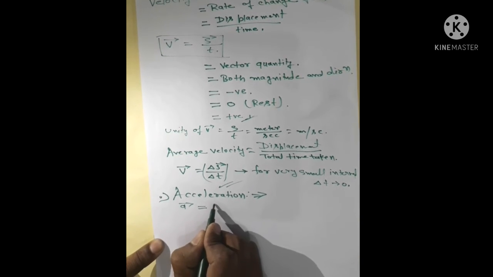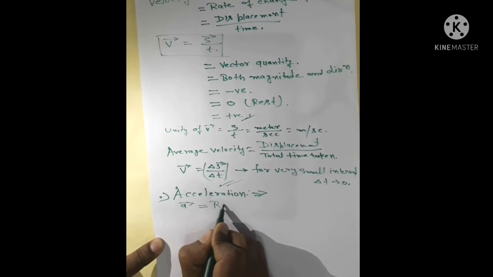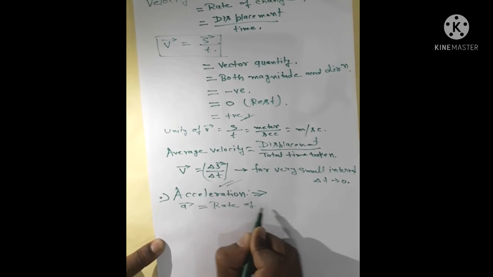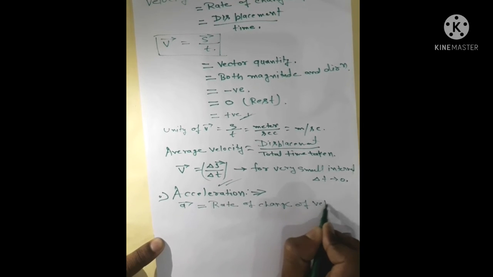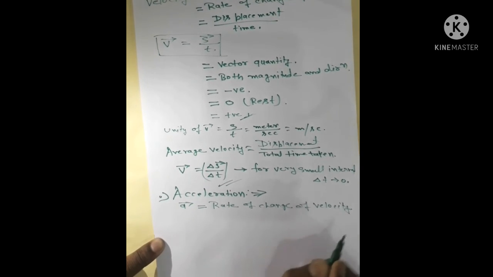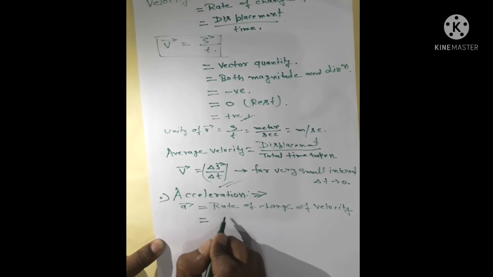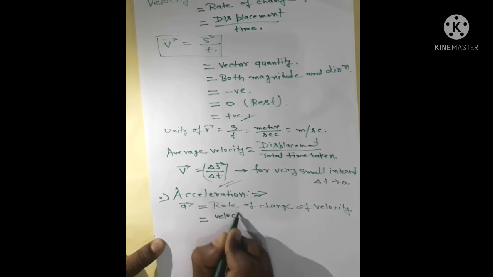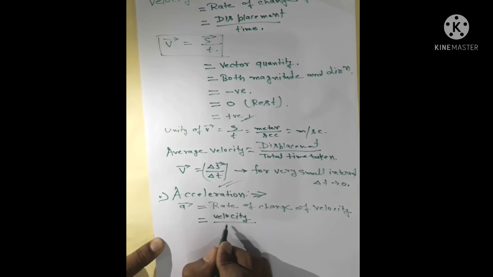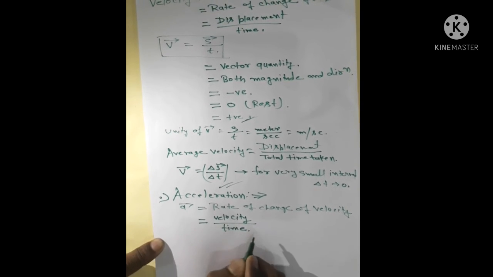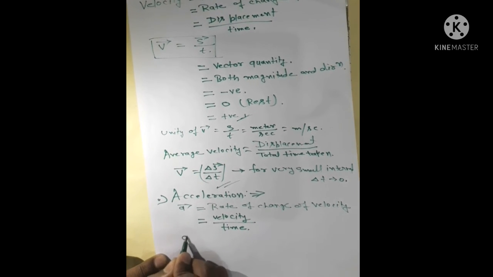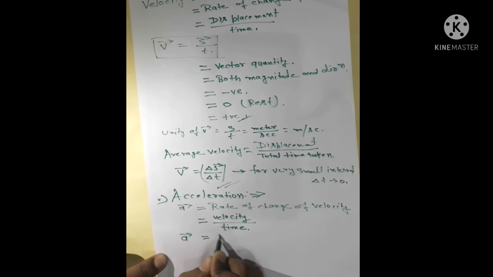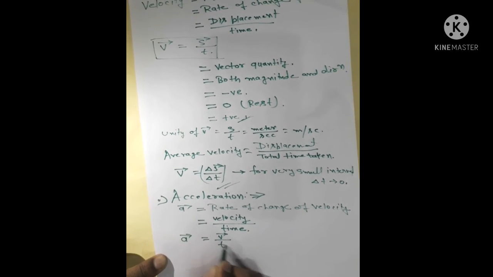Rate of change of velocity is known as acceleration. Acceleration is equal to velocity by time. This is known as acceleration.